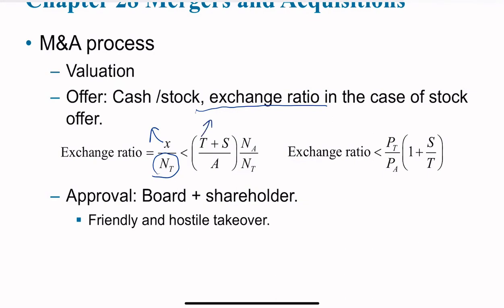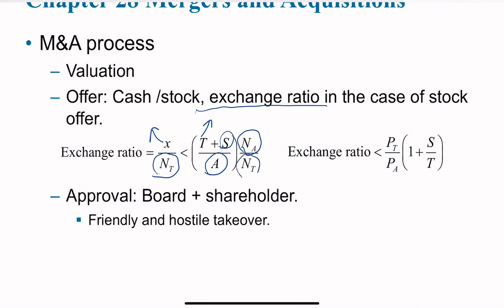And this T is the pre-merger value of the target firm. S is the potential synergies from the merger. And A is the pre-merger market value of the acquirer firm. And this NA is the number of pre-merger shares for the acquirer firm.